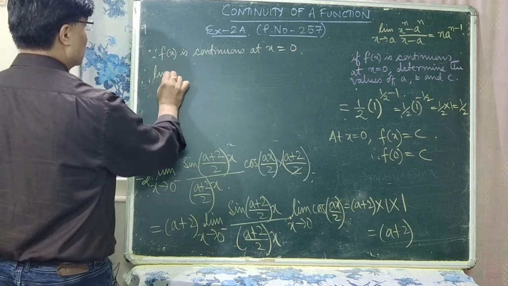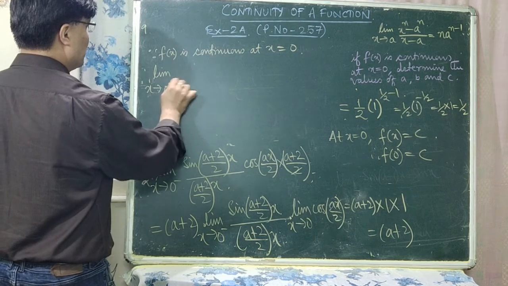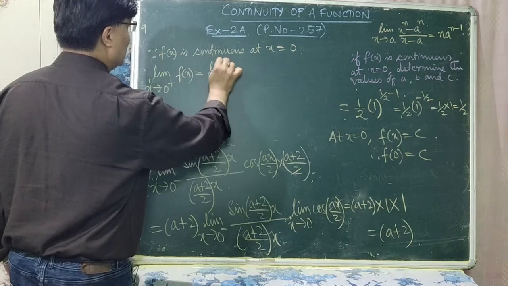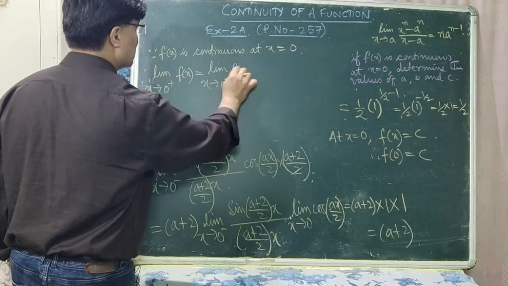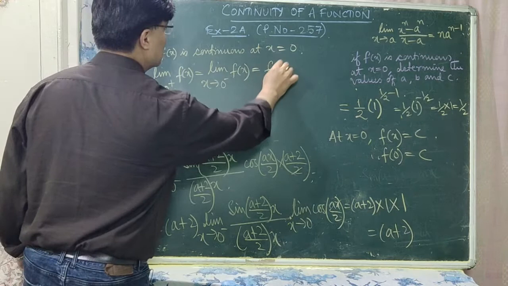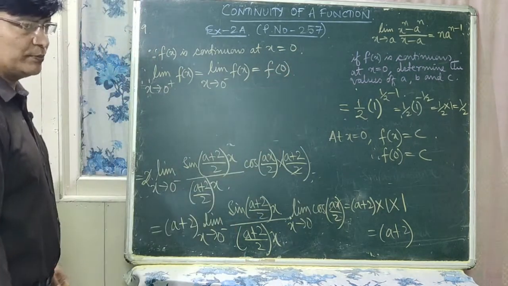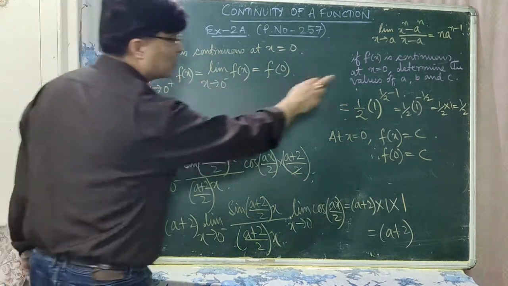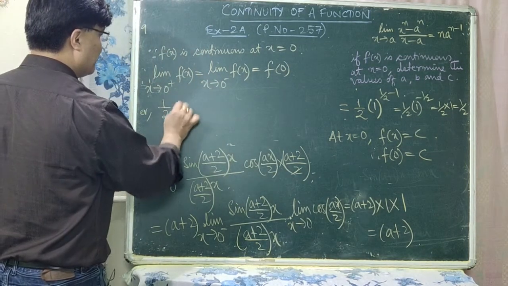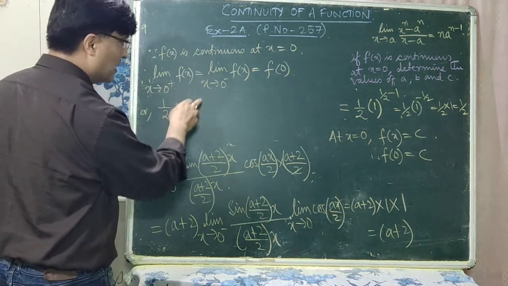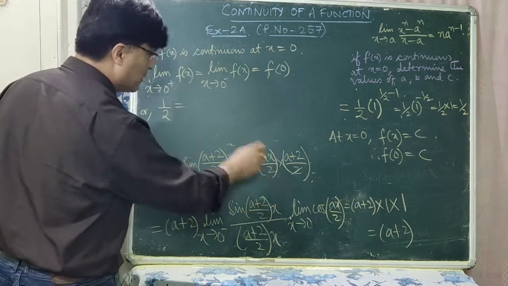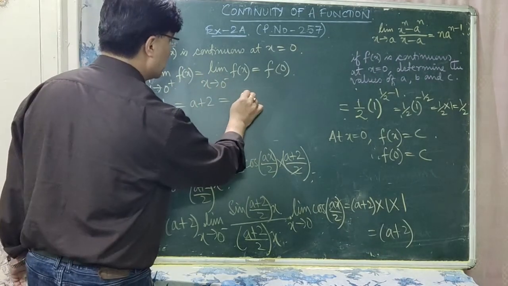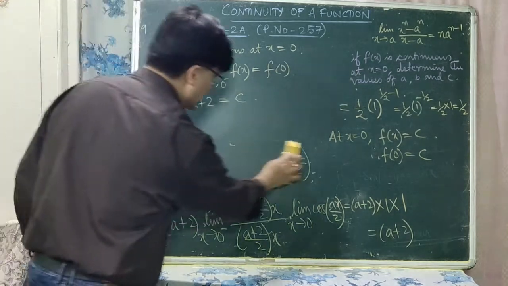That is, limit x tends to 0 plus f of x, that is your right hand limit, is equal to limit x tends to 0 minus f of x, left hand limit, is equal to f of 0. Is that clear? So now what is the value of the right hand limit? Half. That is your half, which is equal to, what is the value of the left hand limit? It is a plus 2, is equal to, what is the value of f of 0? That is c.